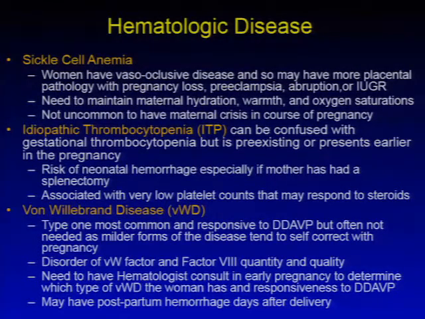These women should have hematology consultation early in pregnancy to determine which type of von Willebrand disease the woman has and its responsiveness to DDAVP. And rarely these women can have delayed postpartum hemorrhages.